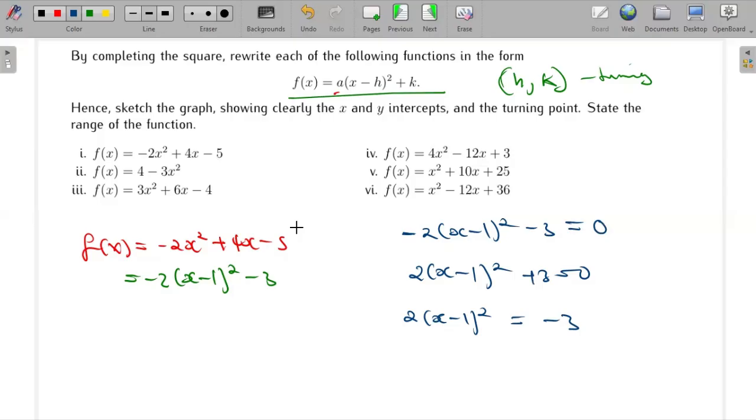Because when you put the square root inside, the negative, it's going to be a complex number.